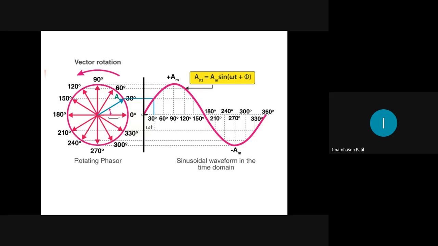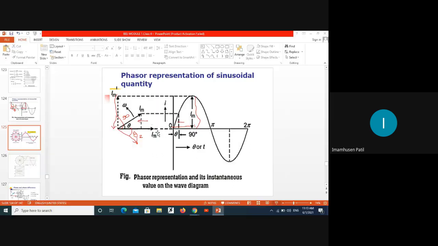Now this voltage is projected here, this much length. This is the voltage at this point after 30 degree. After 60 degree, this is the voltage. After 90 degree, this is the voltage. Like that, whenever you rotate the phasor by 360 degree, you will get the corresponding voltage.